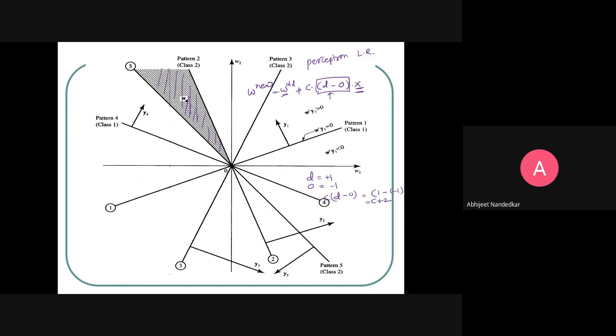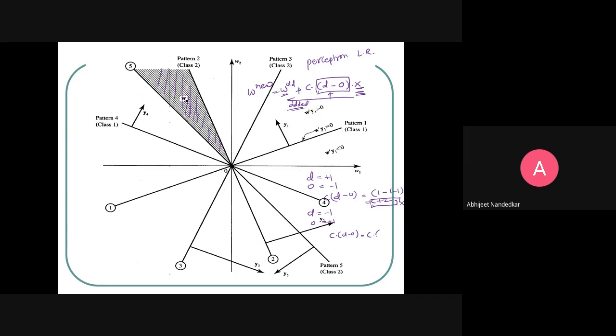So C into +2, a small portion of vector X is added to W. Now when I say desired response is -1, output is +1, so again a wrong thing. So C into D minus O, what will happen?